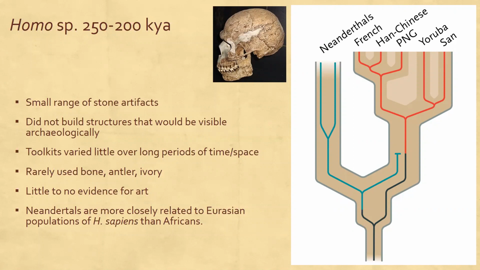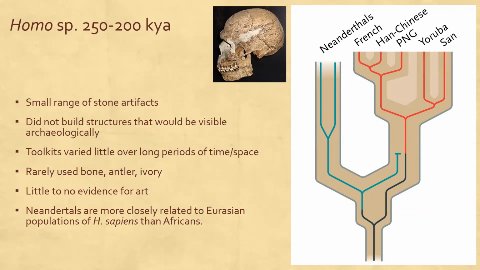And the reason we know this is by analyzing the genomes of Neanderthals, comparing them to the genomes of different human geographic groups, the French, the Han Chinese, and African groups like the San or the Kalahari Bushmen, the Bushmen in southern Africa.